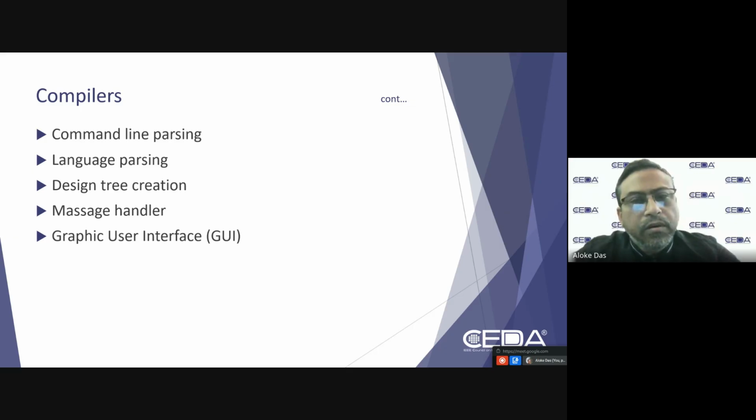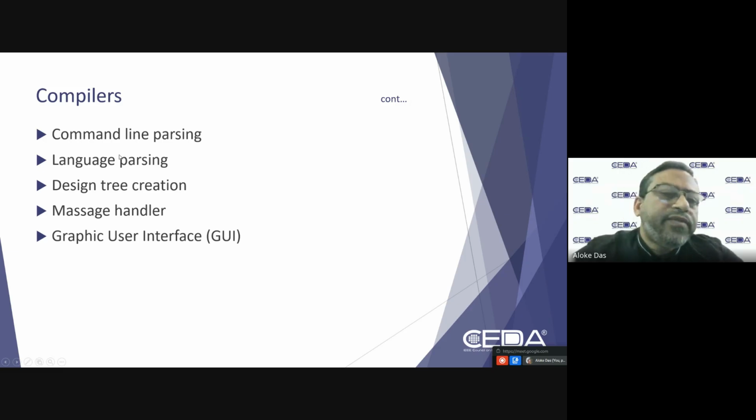So now, what is there in the compilers? Compilers have these 5 jobs to do, basically, in that software. Maybe not all of them are mandatory. Graphic user interface is nice to have. Message handler is nice to have, but these first 3 are the basic core things.